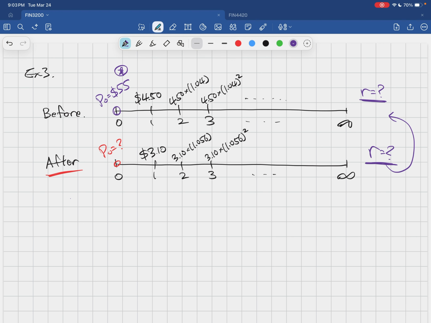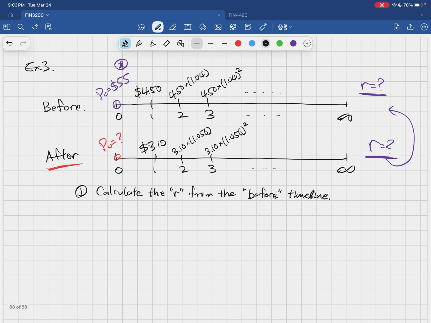So the first step, let's write it here. Calculate the R, the discount rate, from the before timeline. The share price of $55 represents the present value of all of the dividends.